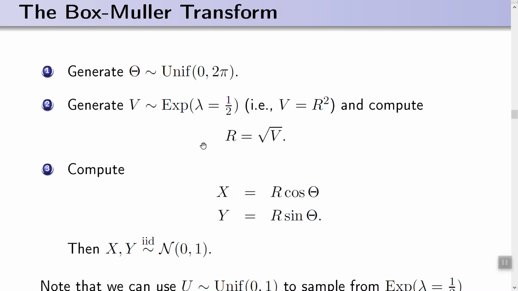So we'll get a random value v, and then we will generate r by taking the square root of v. And then we get r cosine theta and r sine theta. So our values theta and r come from here, and that will give us x and y, which come from a standard normal distribution.